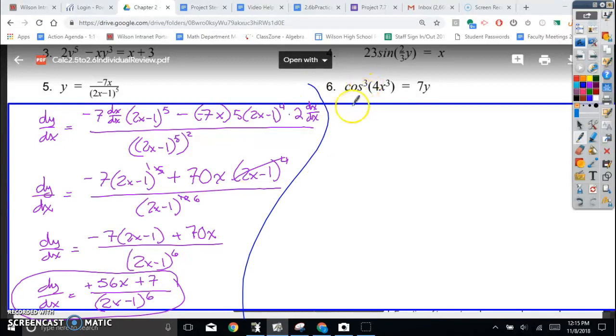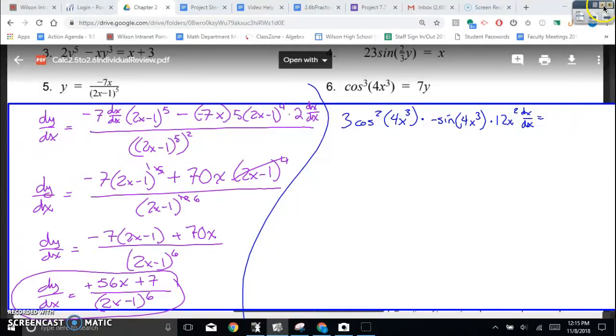All right, start with 3 cosine squared (4x cubed) times negative sine (4x cubed), times the inside now, which is 12x squared dx/dx. This will equal, this is 7 dy/dx. So we have all this stuff multiplied together here.